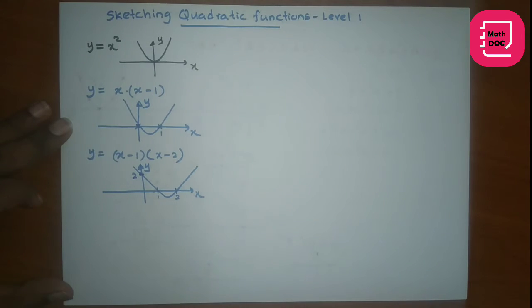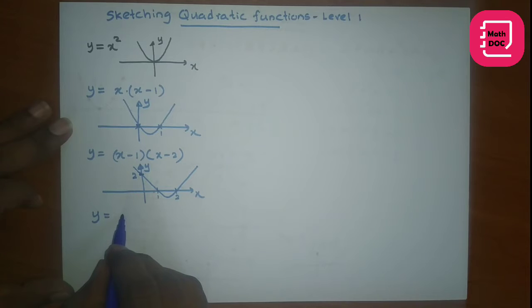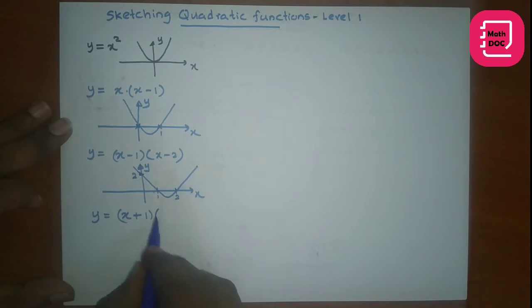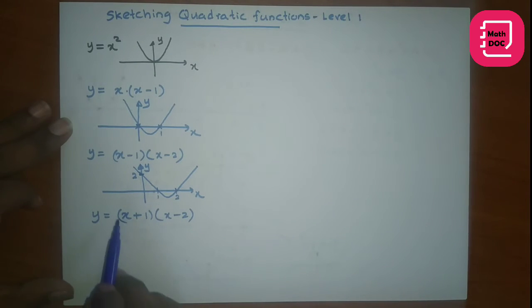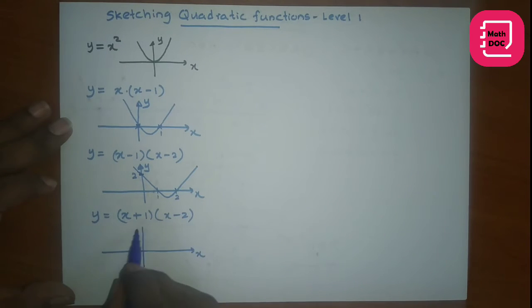See another one. Y equals (x plus 1) times (x minus 2). That is also given in factor form. Like the previous one, here this factor gets 0 at minus 1, put it here.